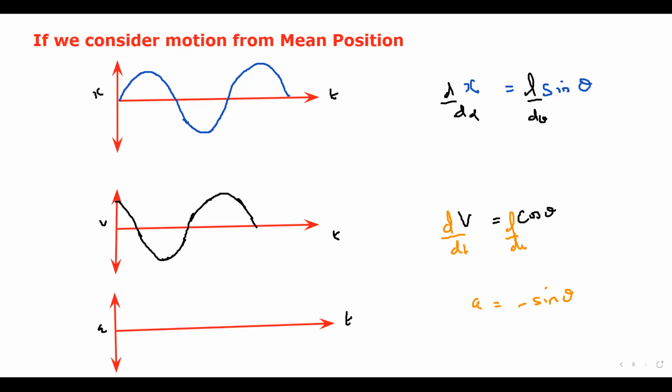So the acceleration time graph will be negative sine, which means the opposite of the sine graph. And always remember, the velocity, displacement time, and acceleration time graphs can be used to identify whether it's a simple harmonic motion or not. If they are mirror images like the two graphs, then it is a simple harmonic motion. Is it clear? The concept of simple harmonic motion and the graphs which relate the motion of these objects.